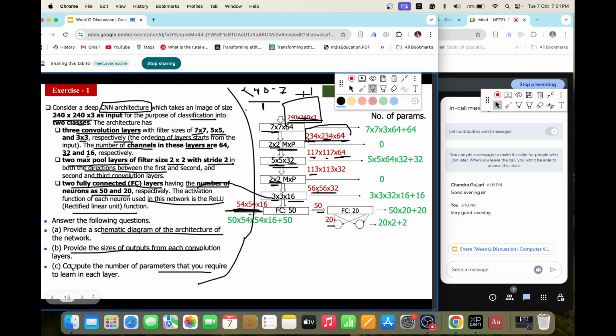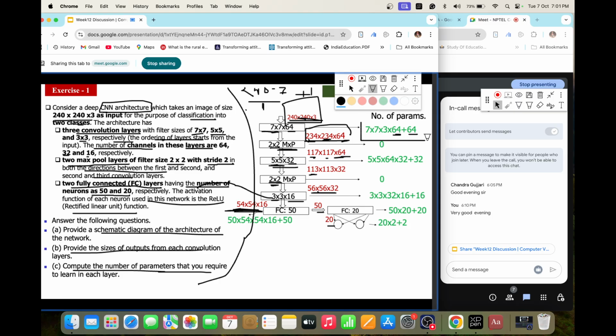And at last, what is the number of parameters? Again there is a formula for number of parameters, that you have to remember. That is nothing but the filter dimension into the depth into the number of channels, that is 64, plus 64 for the bias.